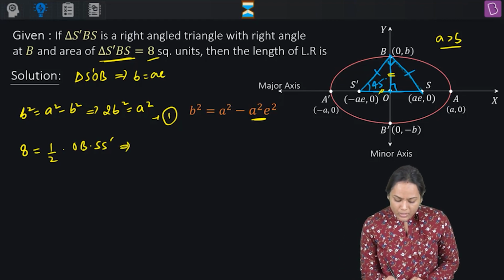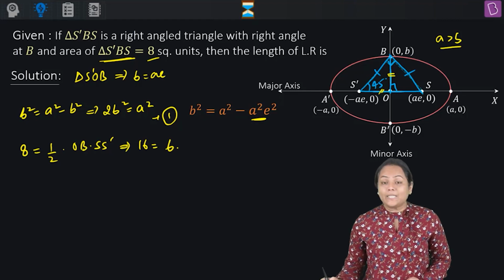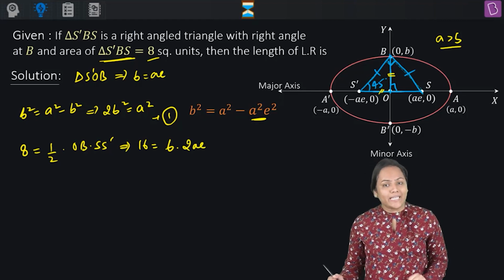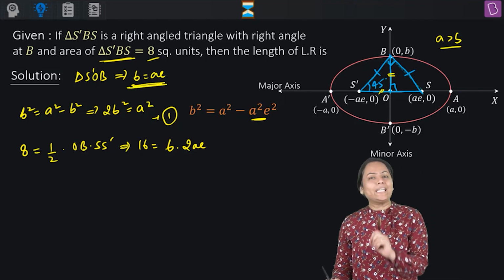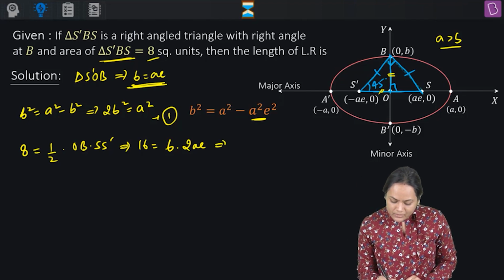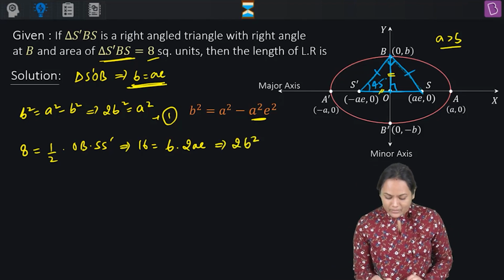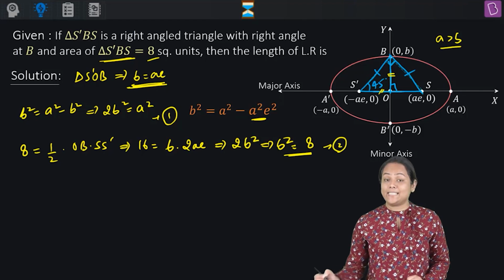So this is going to come out as 16 is equal to OB, that is b, multiplied by SS', well, that is 2ae. And at the top line, we have written that b and ae are same. That means it's going to come out as 2b square. And from here, I can say that my b square value will be equal to 8. Let me take this as second.